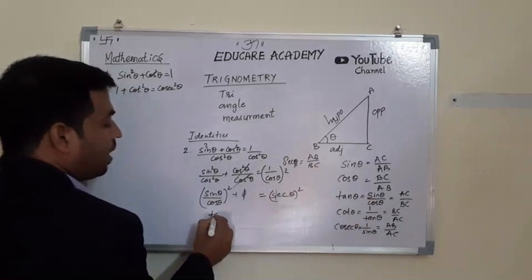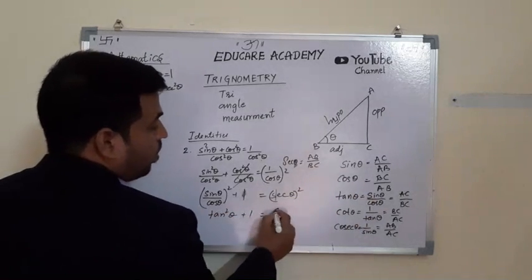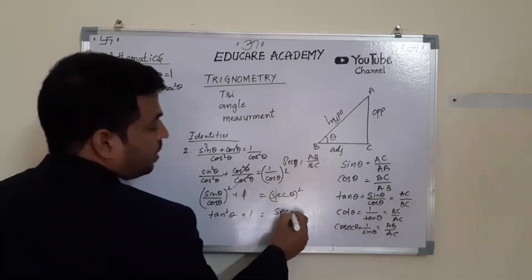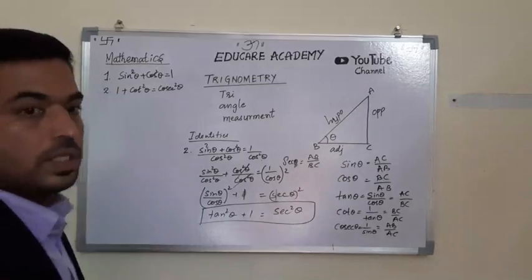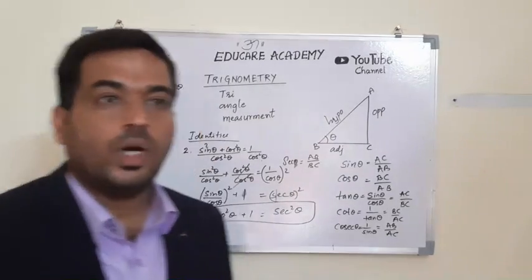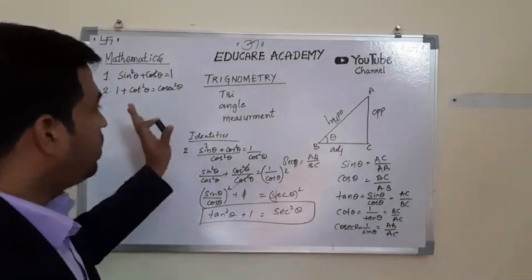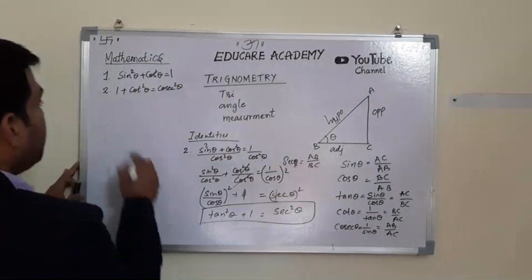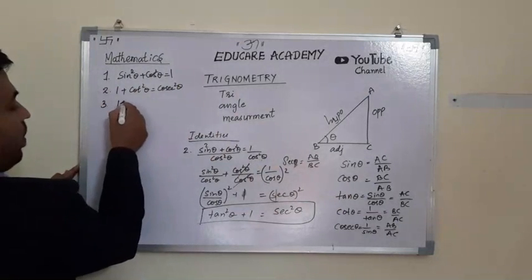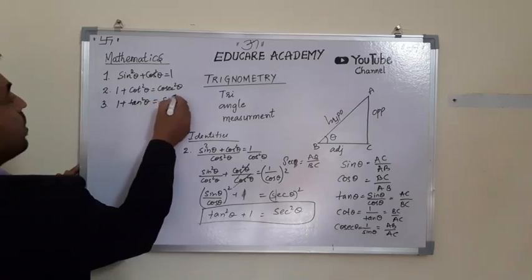So tan square theta plus 1 is equal to secant square theta. So this is the third identity we have derived. This is very important, these trigonometric ratios and the trigonometric identities. The third identity is 1 plus tan square theta is equal to secant square theta.